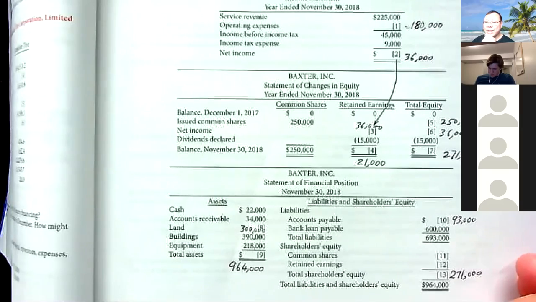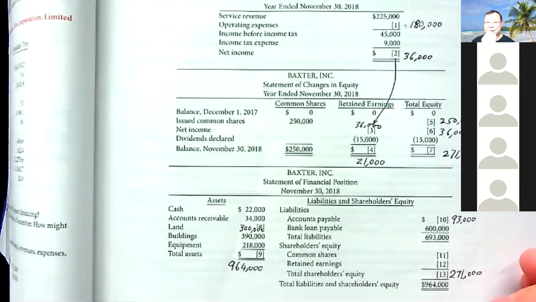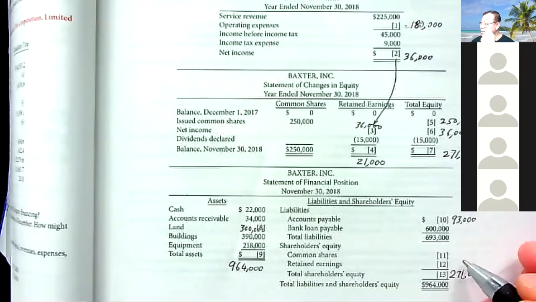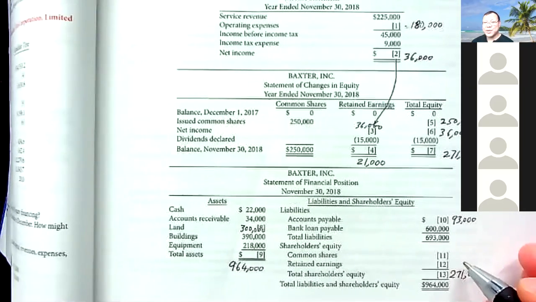Okay. What about 12? Where do you find 12? The second table, the same. Yeah, and what's the answer? Retained earnings, 21,000. Yes, very good.